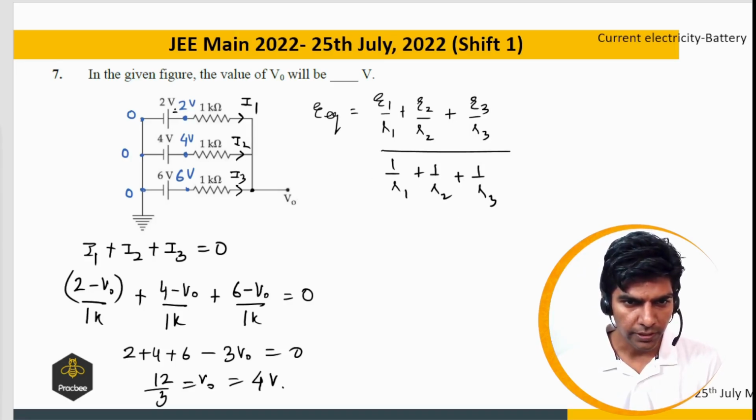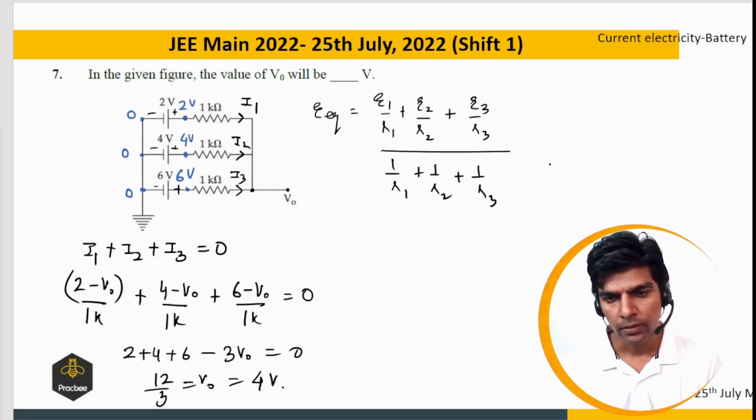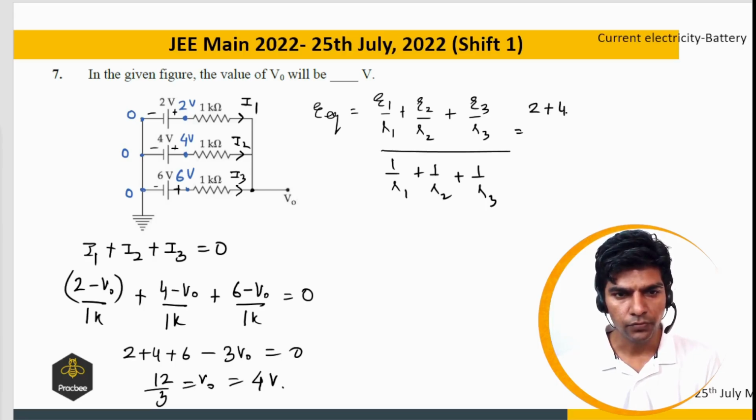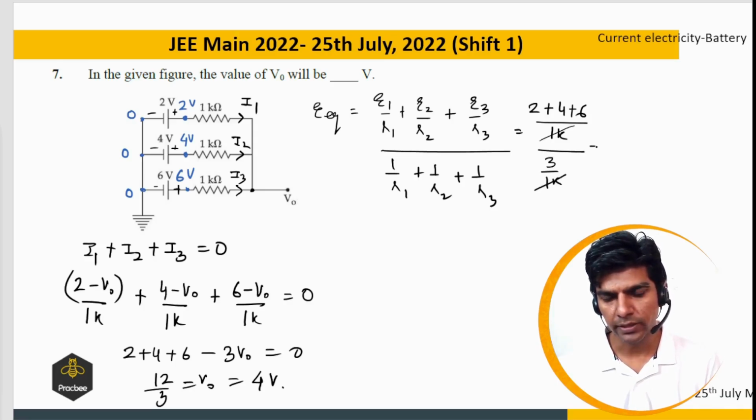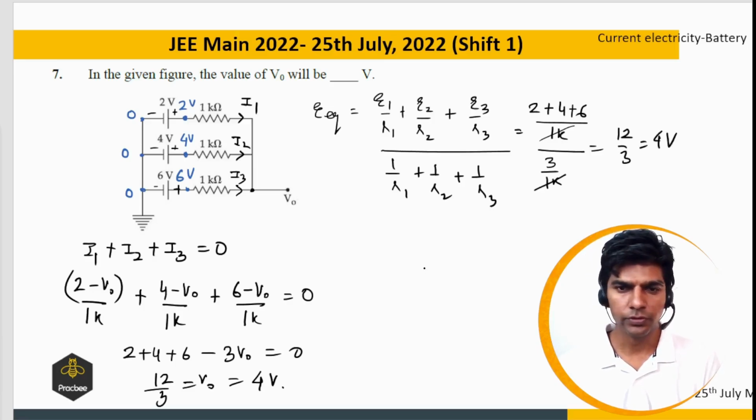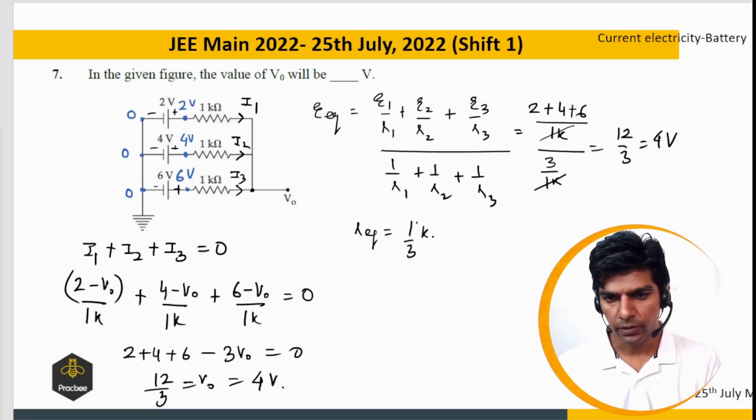And the polarity is also the same, because their positives are connected together. So this comes out to be 2 plus 4 plus 6 divided by 1 kilo, divided by 3 by 1 kilo. So 1 kilo will get cancelled out. So 12 by 3, so this comes out to be 4 volts. And R equivalent will be nothing but 1 by 3 kilo ohms.